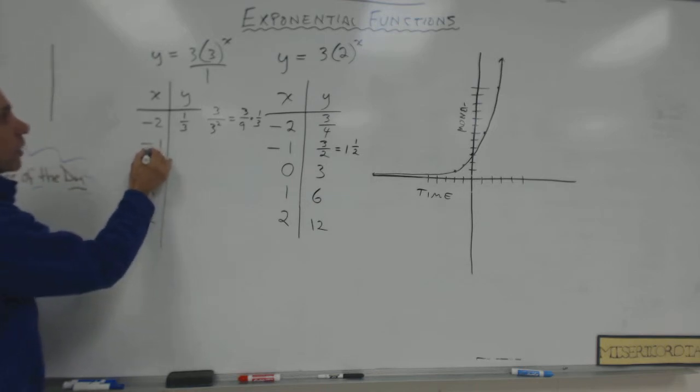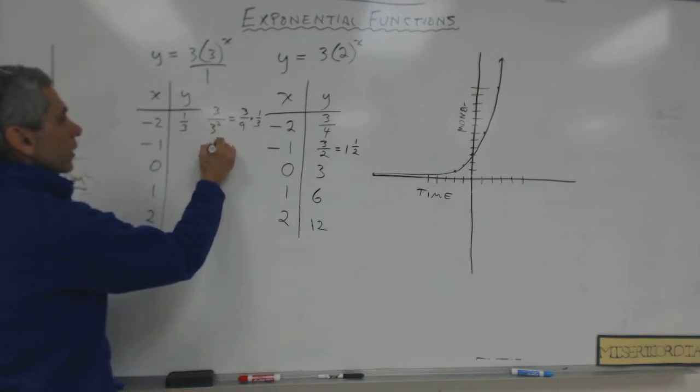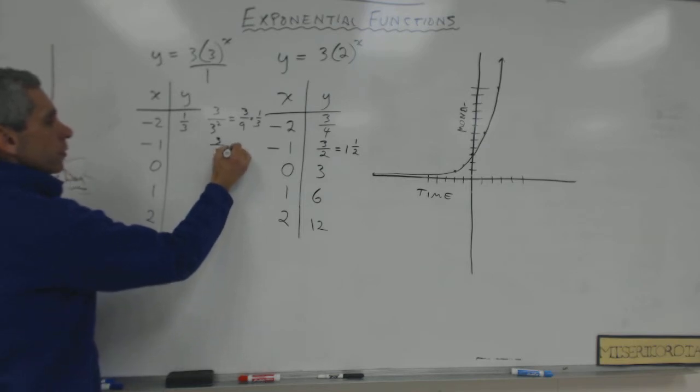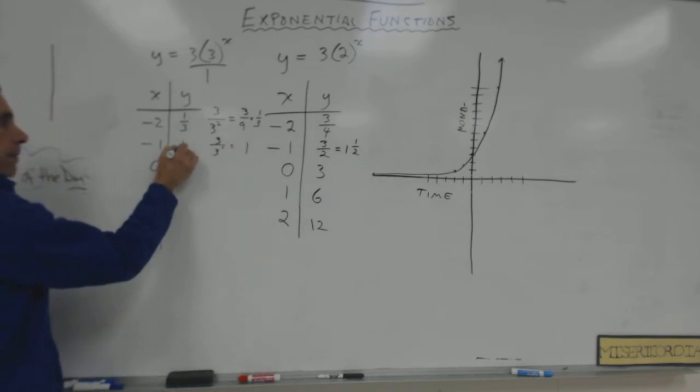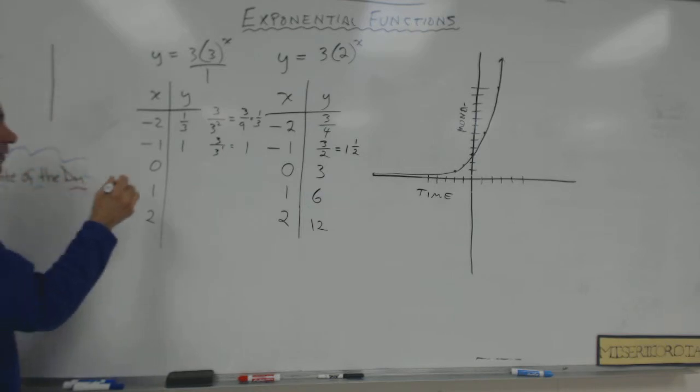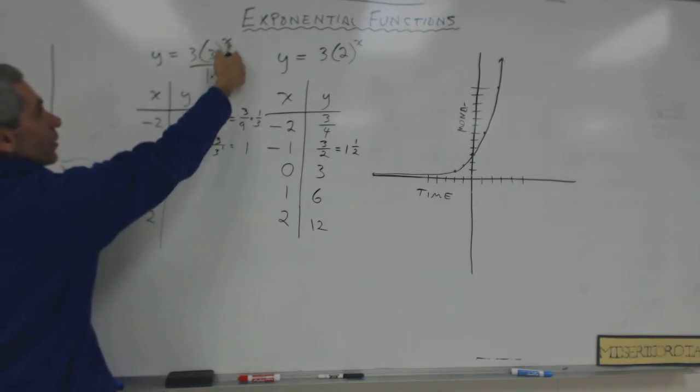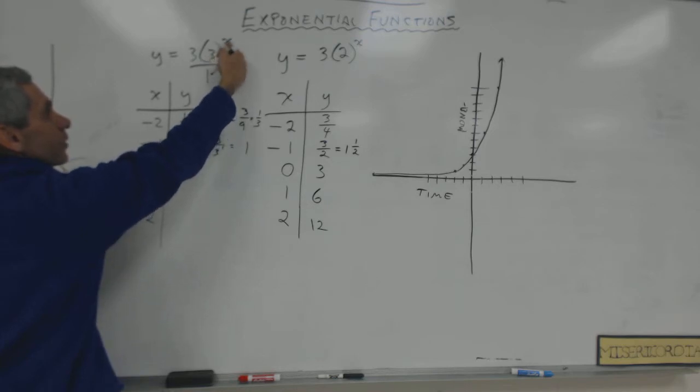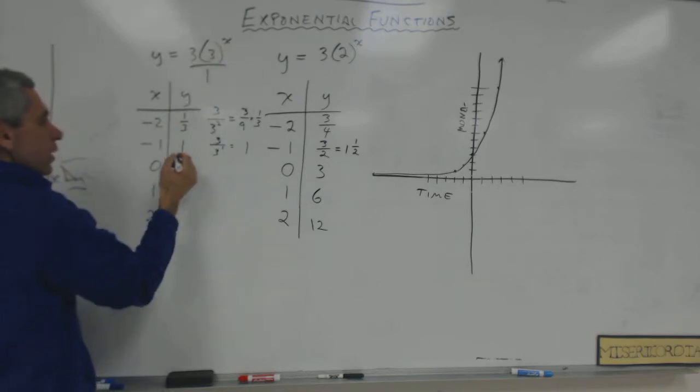Now -1: that's 1 over 3 to the 1, so 1/3. That looks like times 3, doesn't it? That's interesting. And then if it's 0, 3 to the 0 is 1. 3 times 1 is 1.